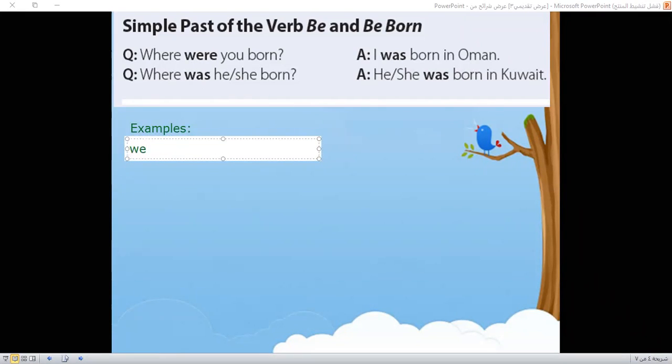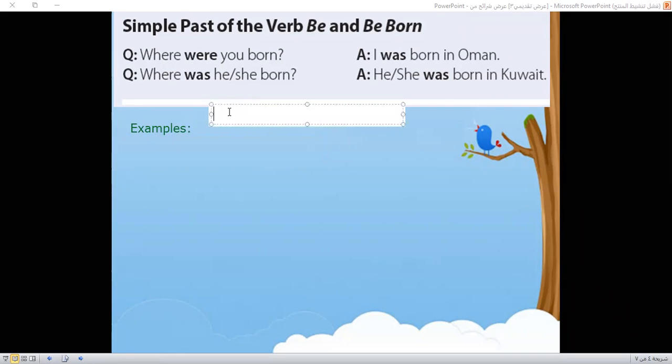Now, just before we write the examples, I want to make sure that you remember what goes with what. So, with were, what are the pronouns that I can use with were? The same ones that I can use with are.